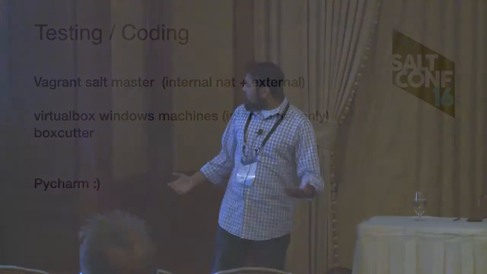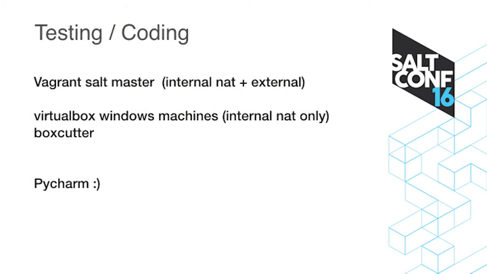And then last, some testing and coding. Use Vagrant as a Salt master, some internal NATs. There's a cool GitHub project called Box Cutter Windows. I don't actually remember who's managing it, but it basically has a repository of all of the Windows ISOs that it then goes through and installs like a Vagrant machine almost.